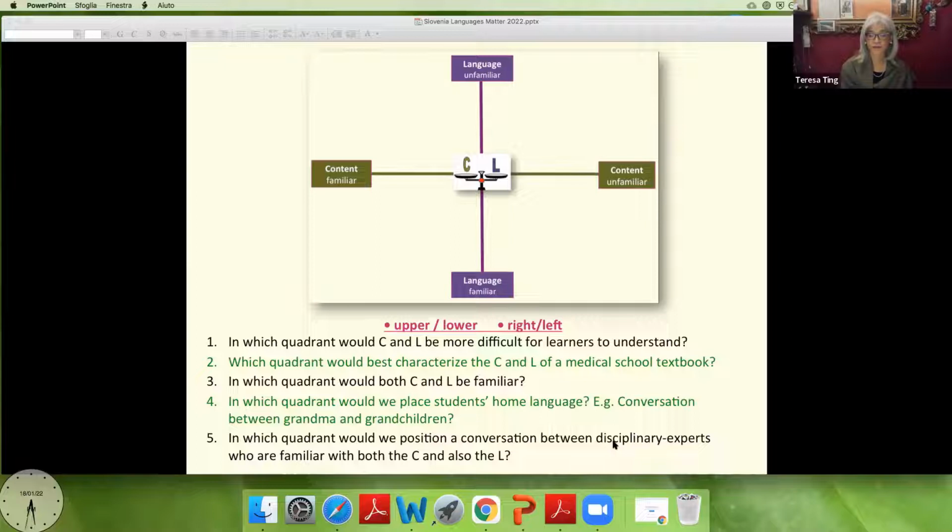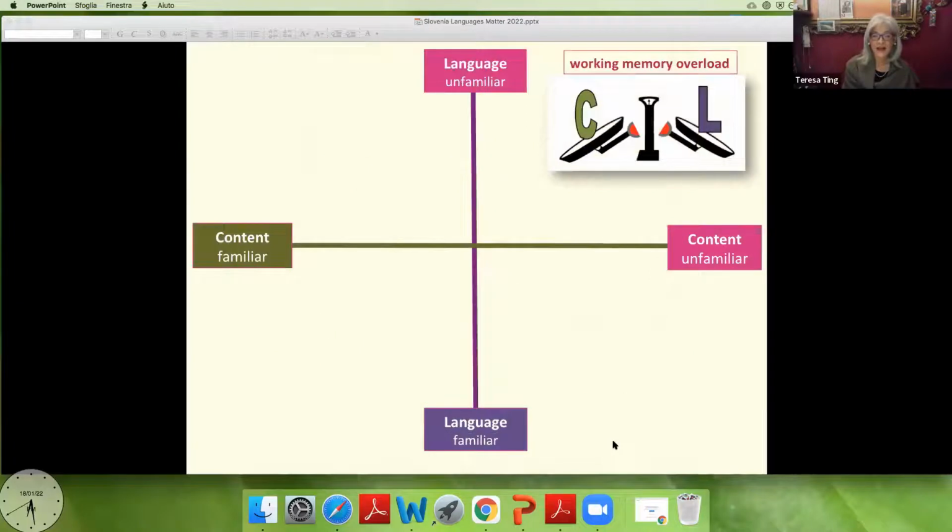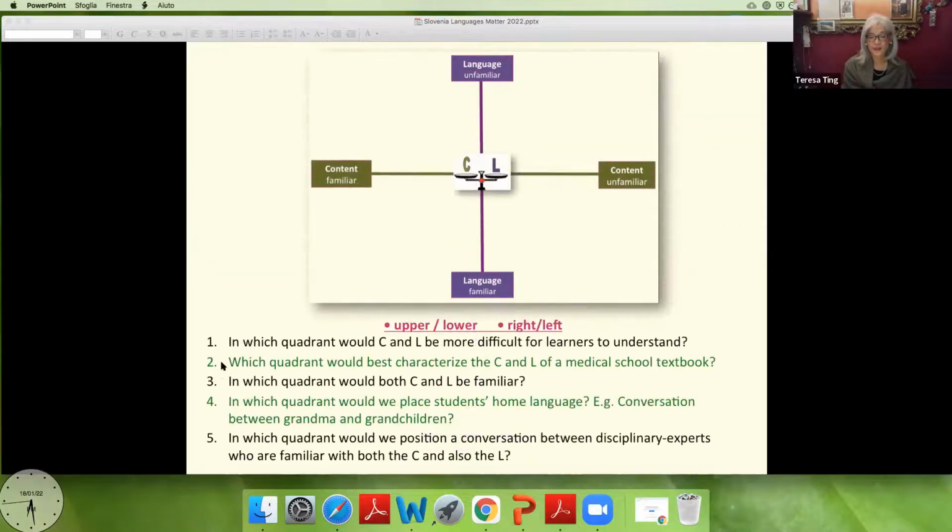Okay, so it's a trick question because I'm only talking about 2 quadrants here. Let's look at question number 1. Both difficult, here. Medical school textbook, here. In which quadrant would both content and language be familiar?